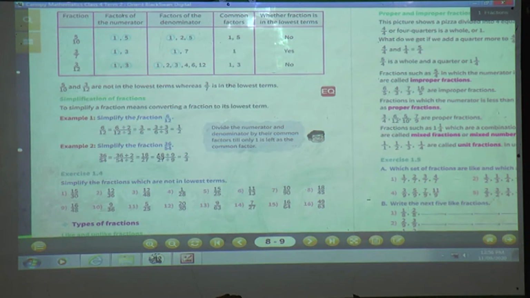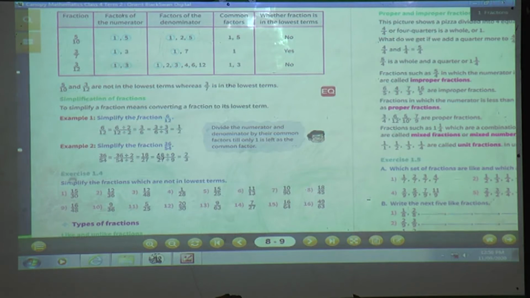Now here, to simplify the fractions we need to find out the lowest term of the given number. So actually a fraction is normally written in the simplest form only.